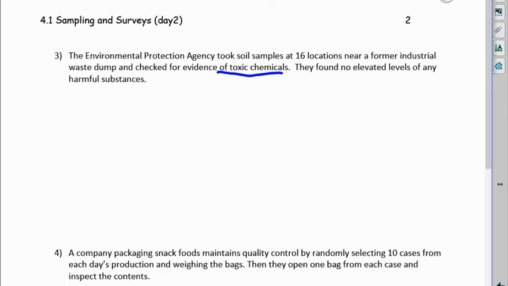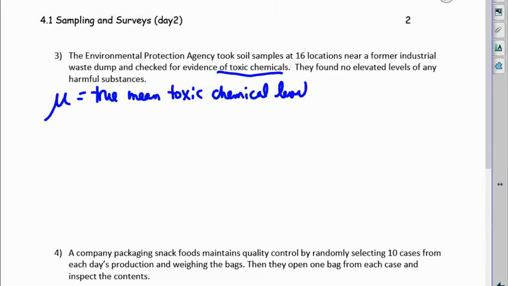In this case, if they're going for concentrations, I would say that's probably more of a means problem. So the mean would be the true mean toxic chemical level for all the soil in the site.